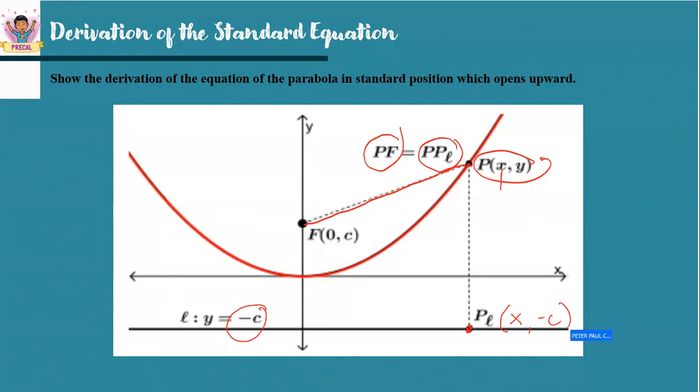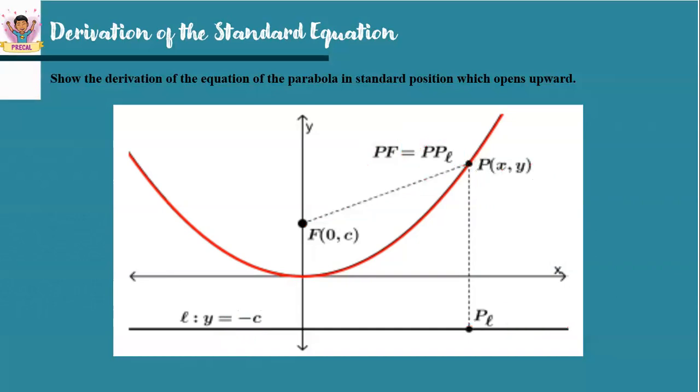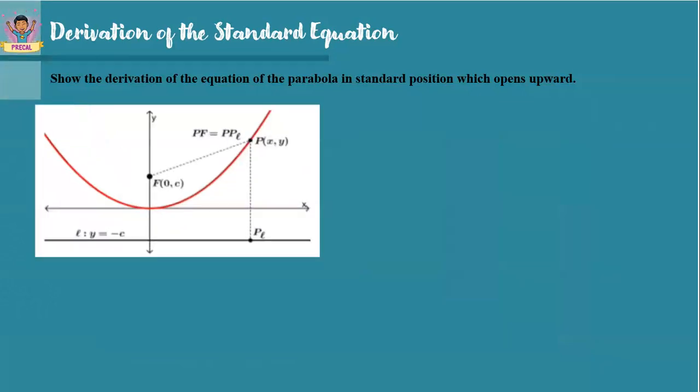Therefore, the coordinate of the point P sub L located on the directrix itself is (x, negative c). So that's the coordinate. Let's use these concepts now to derive the standard equation of the parabola which opens upward.